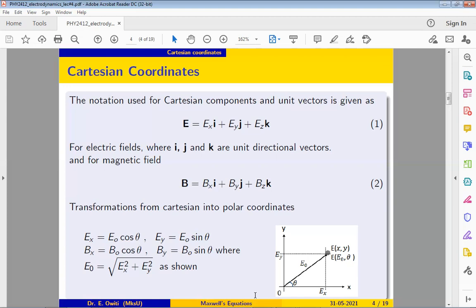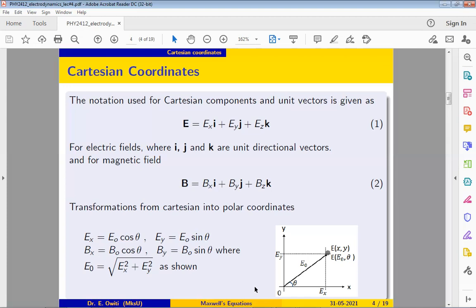You can derive it from the figure. Similarly, the y component is E naught times sine theta, and the same applies to the magnetic fields, where you have the x component Bx and the y component By.